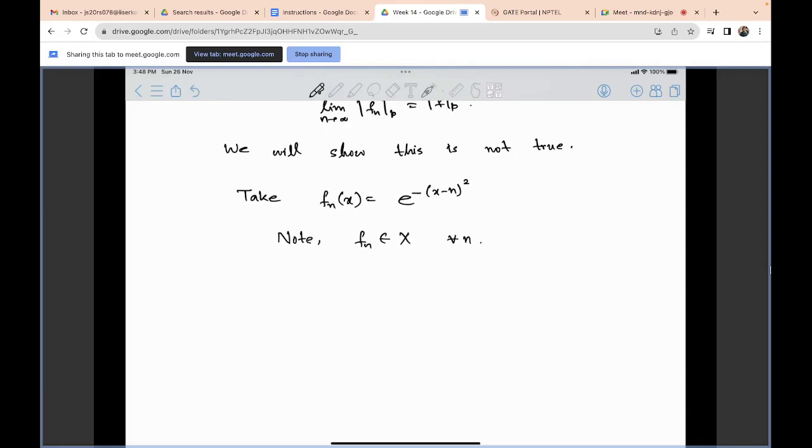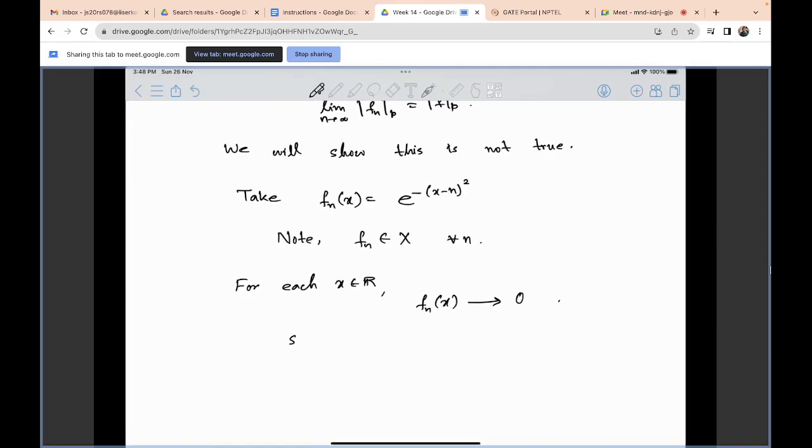Now this will converge pointwise. Whenever you fix some x and take n tends to infinity, note that e to the power minus (x minus n) squared goes to 0. So for each x belonging to R, f_n(x) converges to 0.